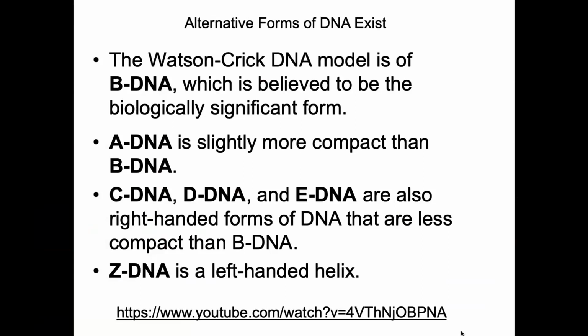So again, the A-DNA, as originally described by Rosalind Franklin, has been studied significantly beyond that point in time, and its structure is fairly well understood. As it says here, it's slightly more compact than B-DNA.